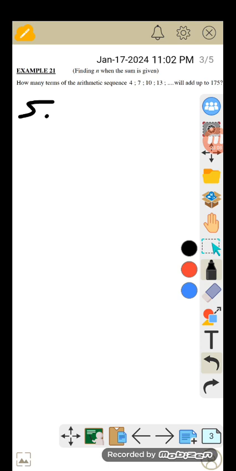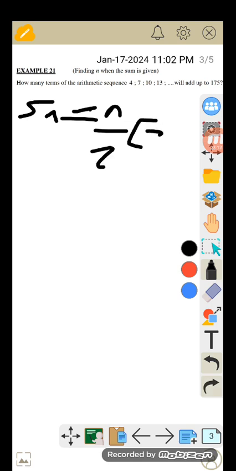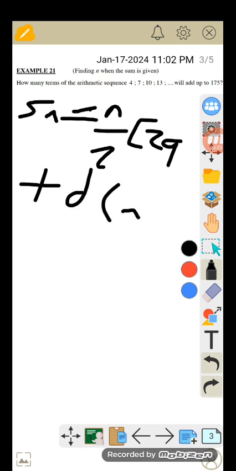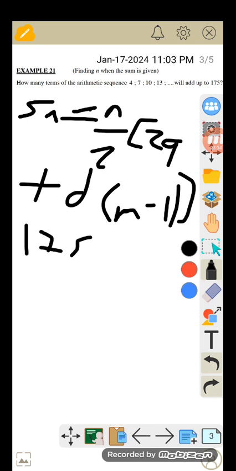We are going to say Sn is equal to n over 2, multiplied by 2a plus d into n minus 1. Our Sn is 175, and we just don't know our n.